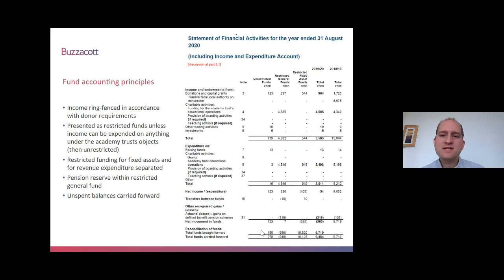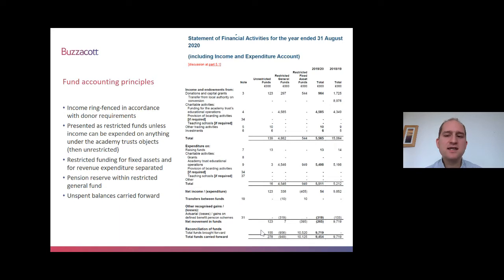The purpose of having two restricted fund columns in Academy accounts is that we're distinguishing between revenue funds, so funding for your day-to-day operations, and income that's restricted for fixed asset purchases, so capital funding. So they've got separate columns in the accounts.